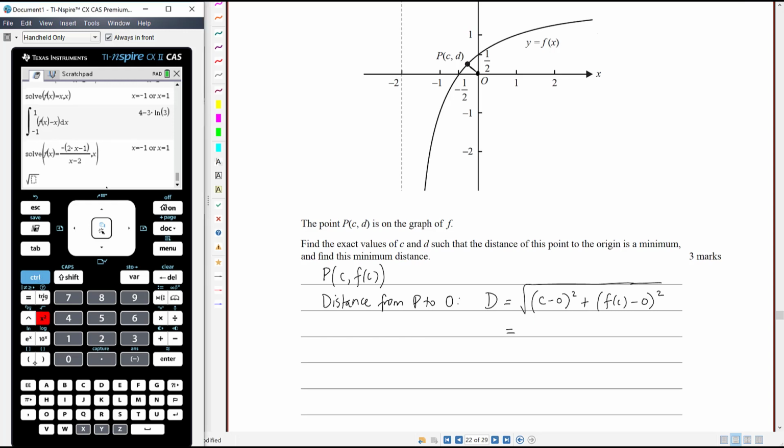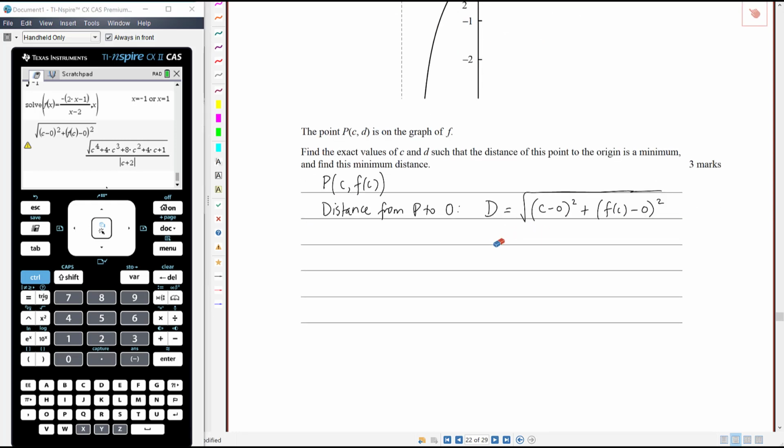Square root of c minus 0 squared plus f of c minus 0 squared. Obviously I don't really need to write in the minus zeros. So that's pretty horrible. So I'm actually not going to bother writing that out. I'm just going to leave it written like this.